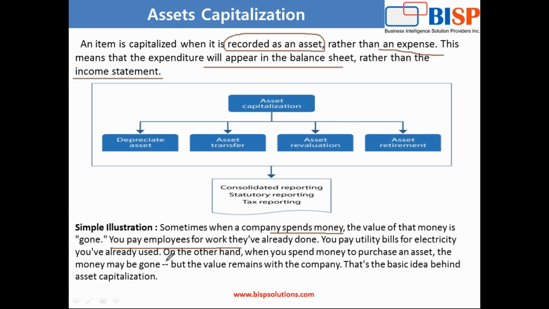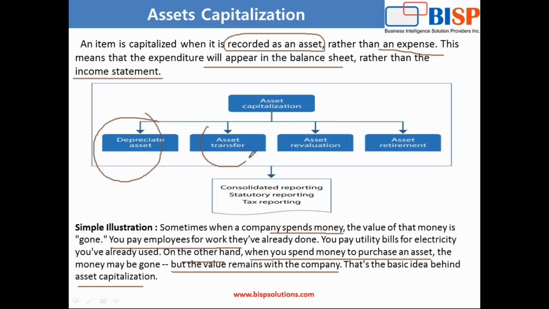But when you spend money on buying an asset, all the money goes out, but the value of the money remains with you in terms of the asset. The value remains with the company, and that's the basic idea behind asset capitalization.